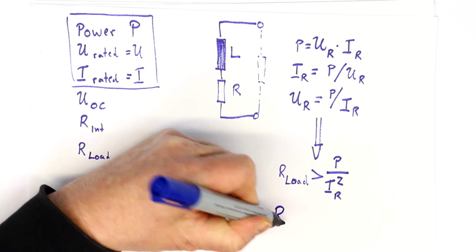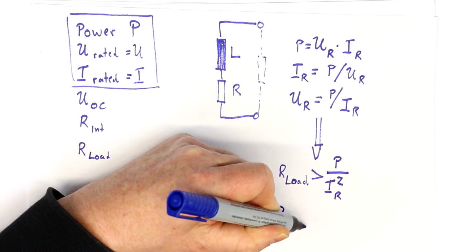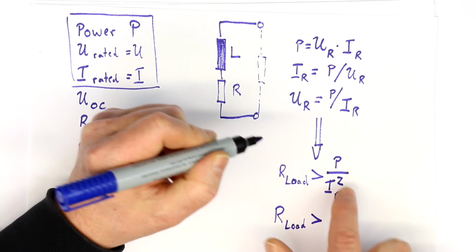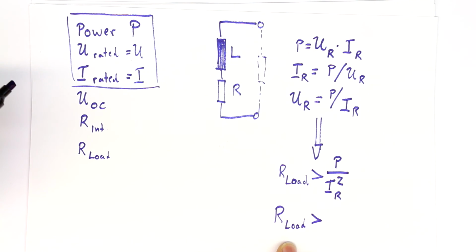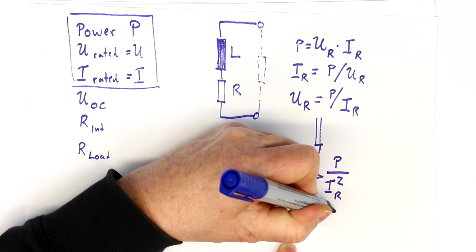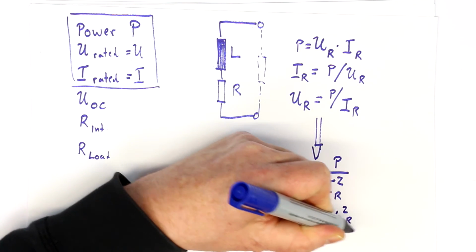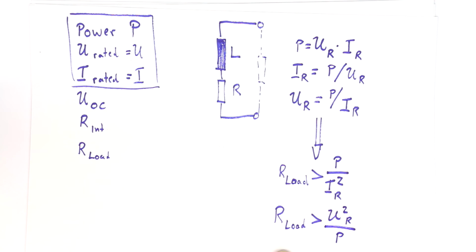Or if you want to calculate it with the rated voltage instead of the rated current, then the load resistor must be greater than the rated voltage squared divided by the power. And so that was also quite easy.